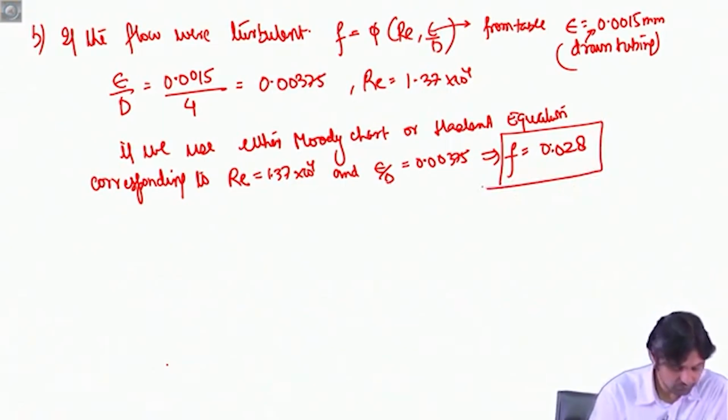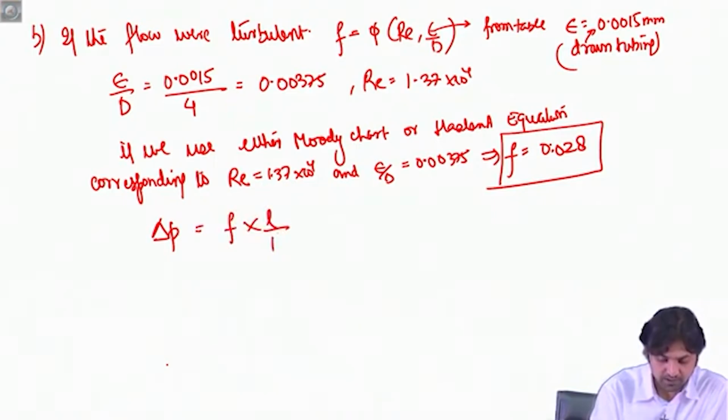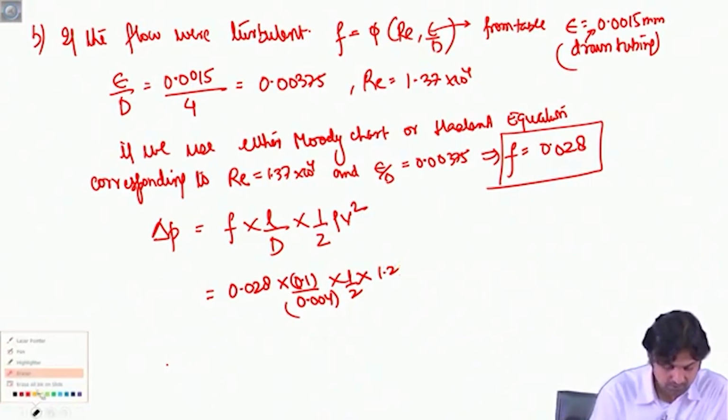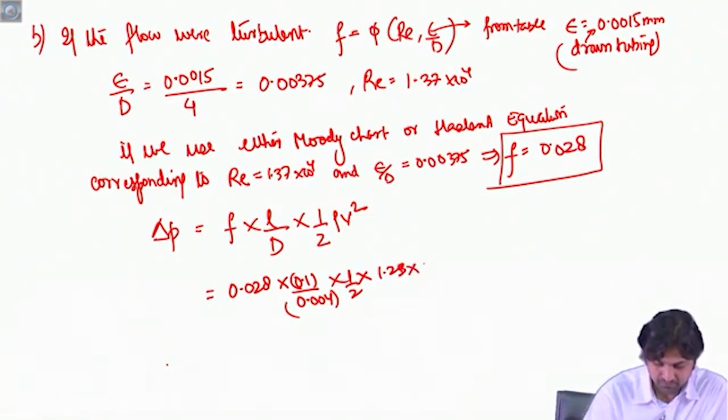All right. Therefore, the pressure drop will be f into L by D into half rho V square, and after putting 0.028, length will still be the same, diameter will still be the same, rho is 1.223, into 50 square.